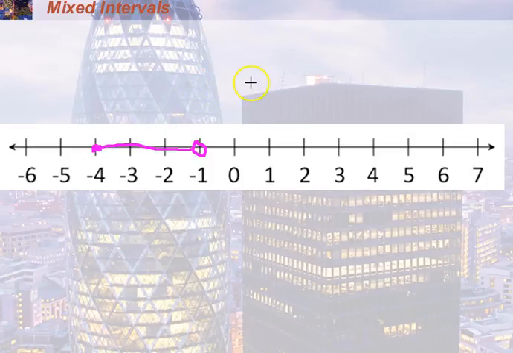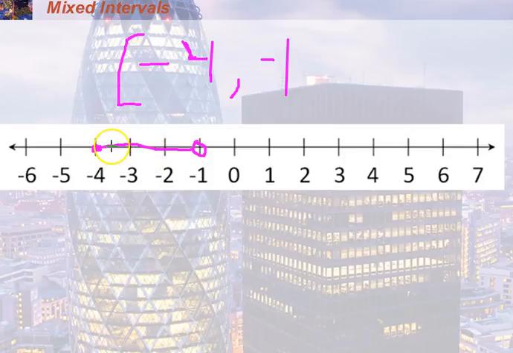So -4 is a closed dot, so I'm going to have a square bracket, comma for all the numbers in between, and then -1, which is an open circle. That means -1 is not in the club. All these numbers are in the club, but once you get to -1, you can get very close to it, but you can't actually be -1 and be in the club. So that means a curly bracket.